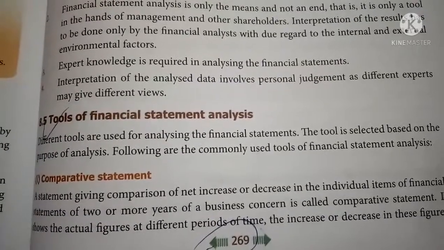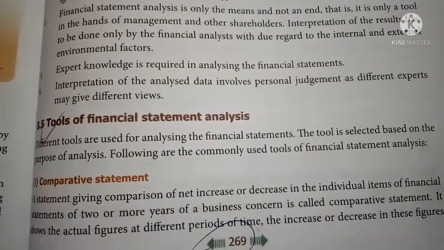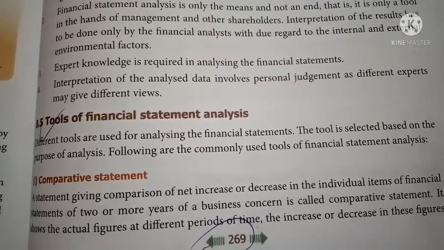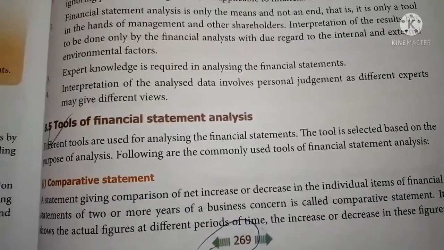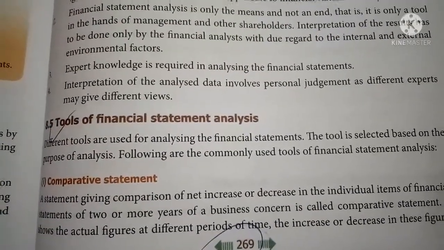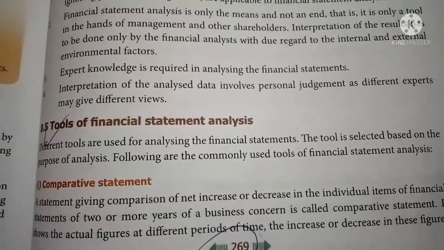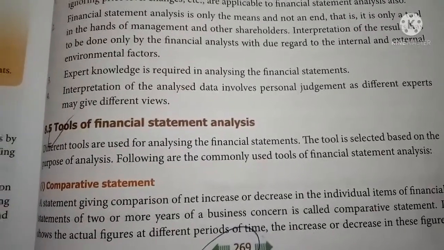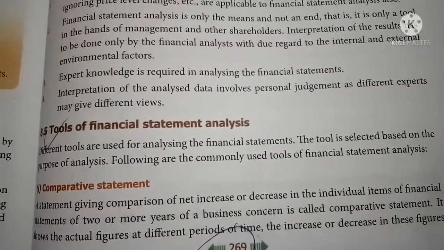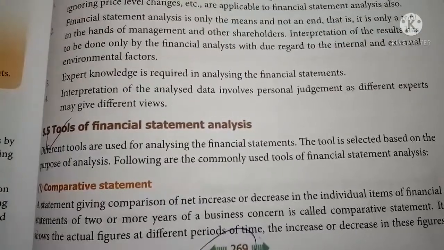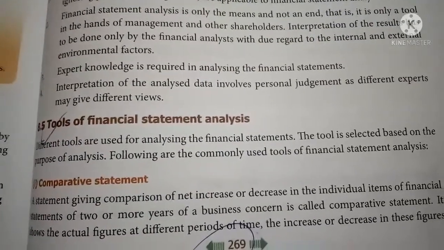So a statement prepared to compare the increase or decrease of each and every item in the financial statement by taking two or more years is called a comparative statement.